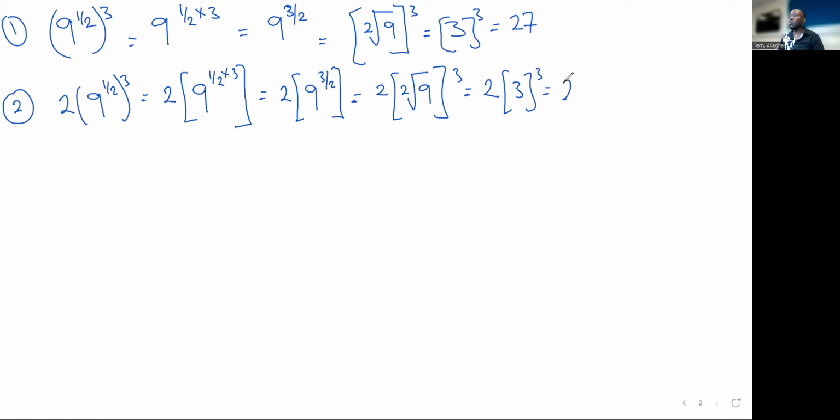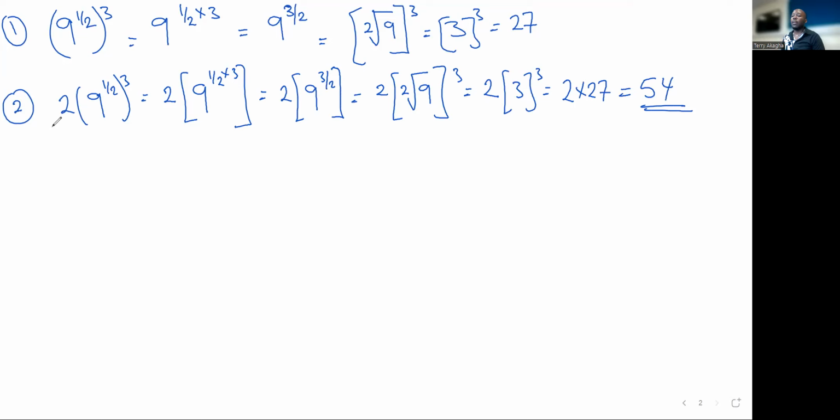Now it should give us 2 multiplied by 27, and that will give us 54. Are you seeing it? So when you have a coefficient or a constant outside, you just leave it like that. Is that all right? Okay.